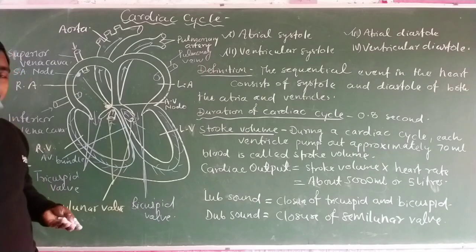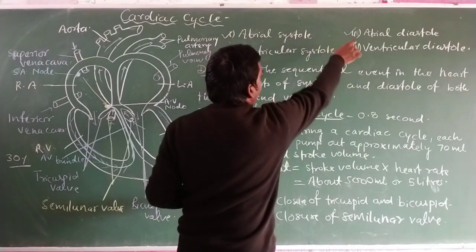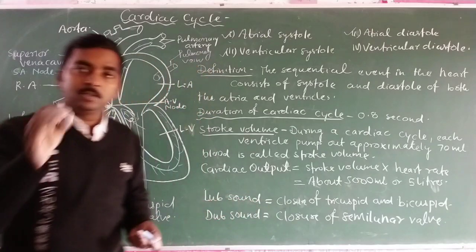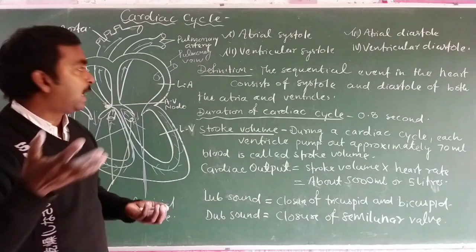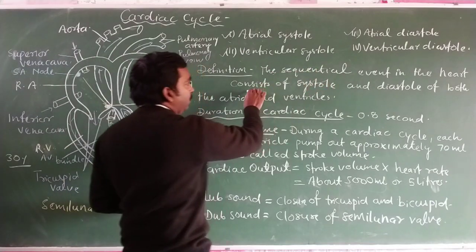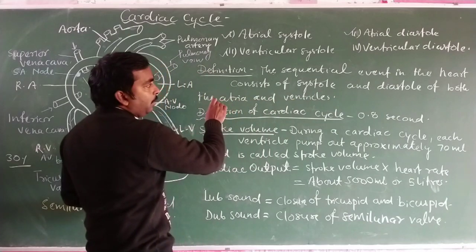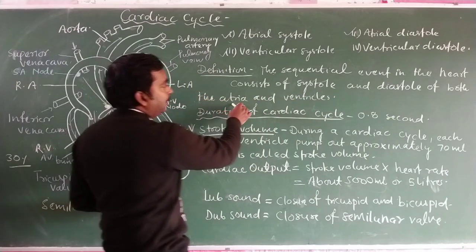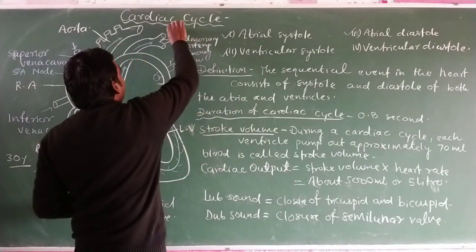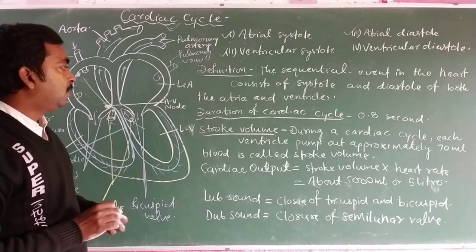So this cyclic event of atrial systole, atrial diastole, ventricular systole, and ventricular diastole occurs cyclically, and this sequential event in the heart, which consists of systole and diastole of both the atria and the ventricles, is known as the cardiac cycle.